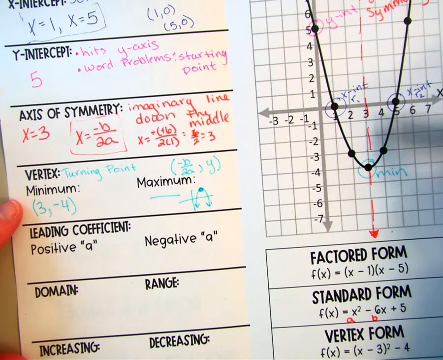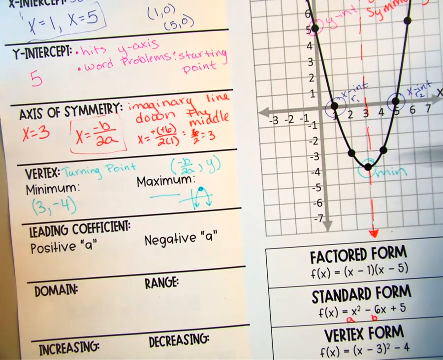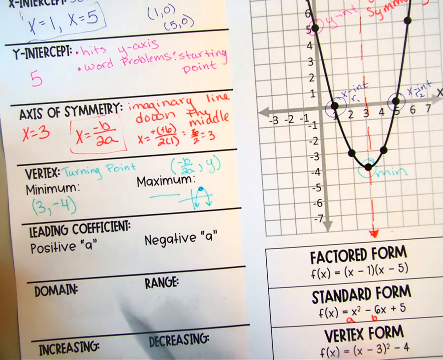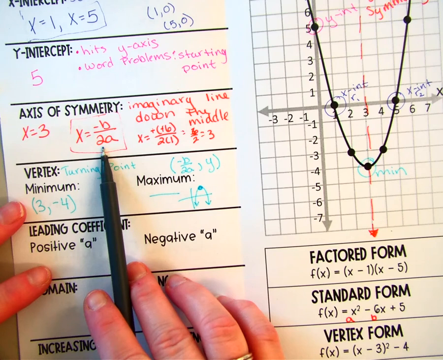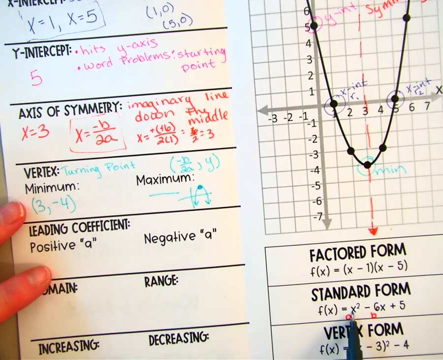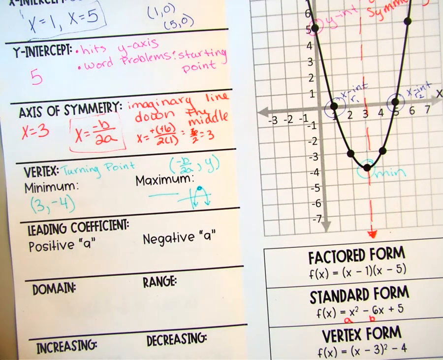See, here's your axis of symmetry. There's my minimum. They share that x value, and they always share that x value. It always will happen that way. So if you need to find your vertex algebraically, you start with your axis of symmetry formula, plug that number into your equation, and then that gives you your y value. So the rest of your turning point is there.